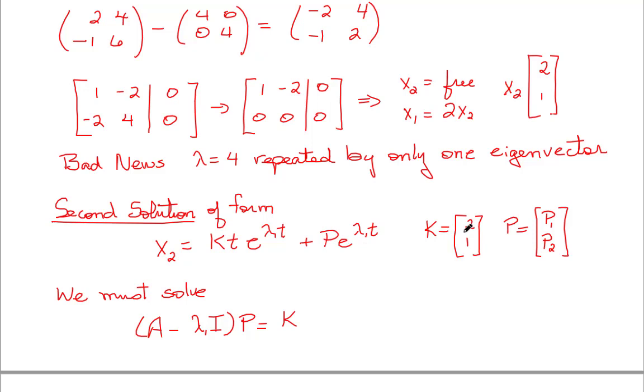The K we speak of is the eigenvector that we already have. P1 and P2, we need to figure out what that is. So we have to solve A minus our repeated lambda I, P equal to K. What K? My eigenvector.